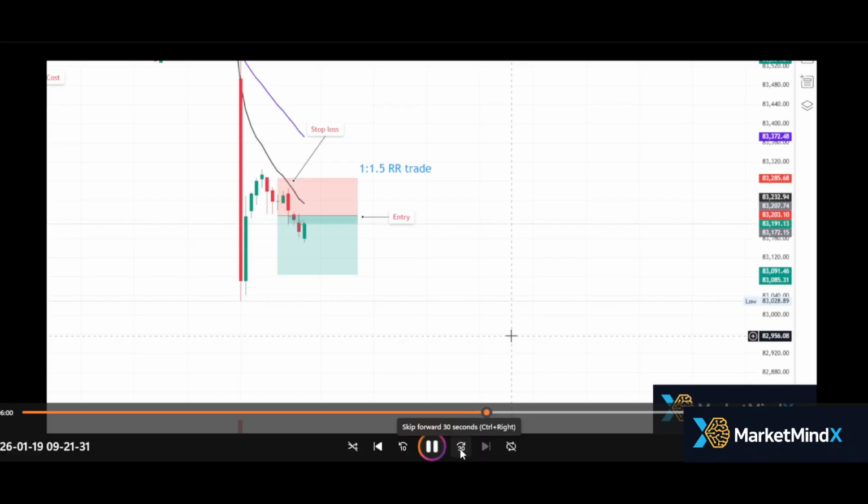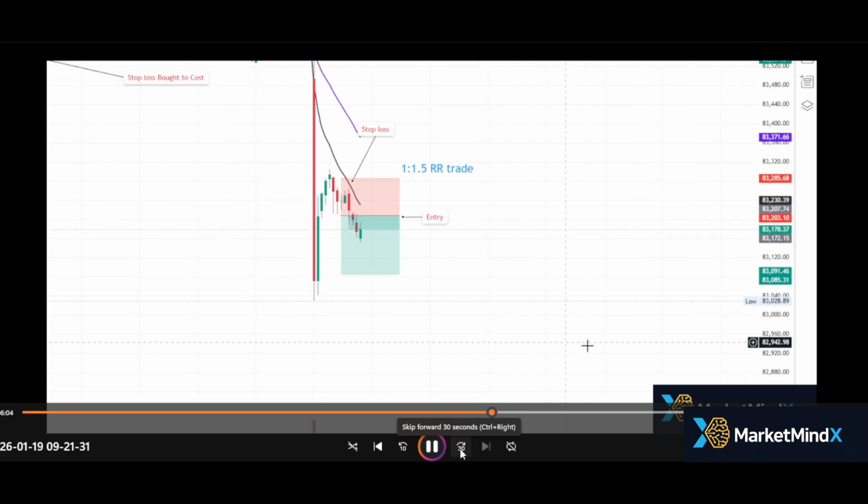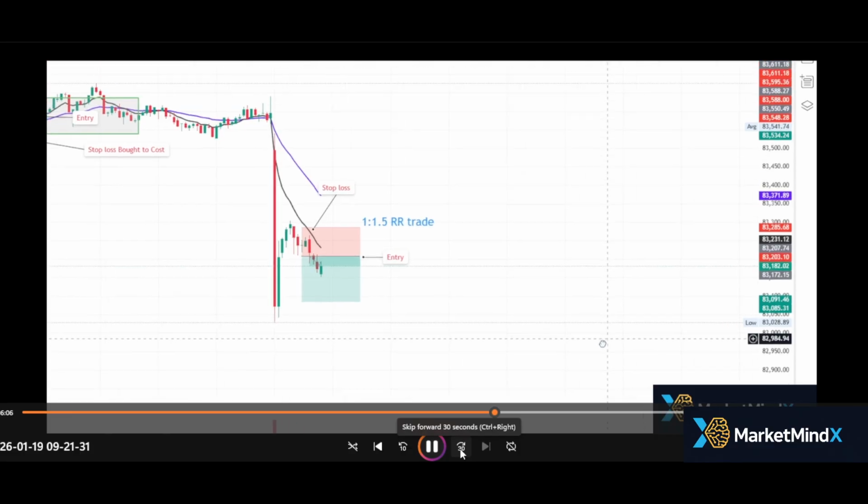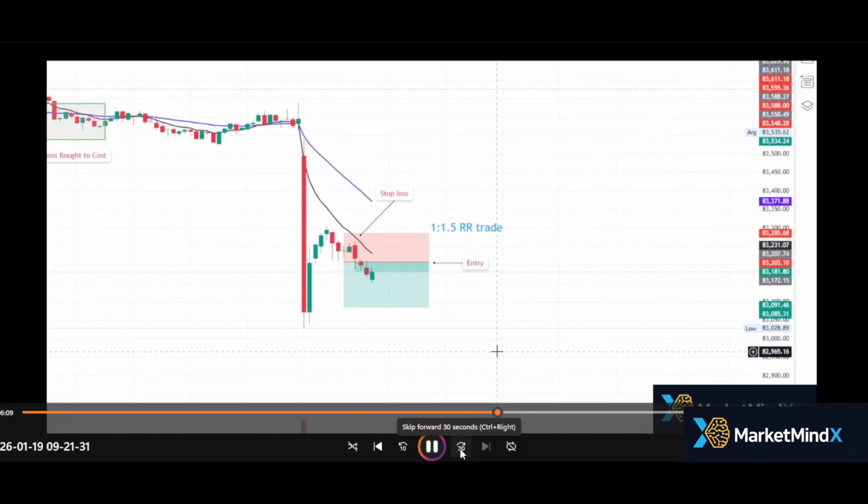If immediately as soon as you enter you bring the SL to cost, you are going to be pushed out of the market. Your stop loss will hit immediately. You need to give some room or time for your price to move in your favor. After that you can bring your SL down.